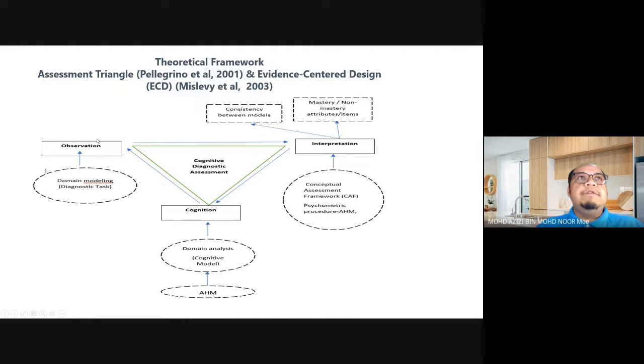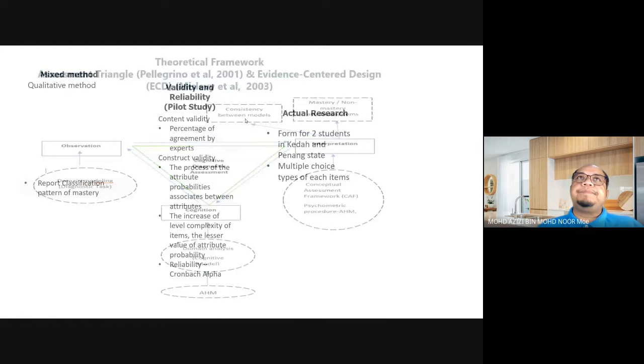The observation vertex, the domain model, maps onto the observation, which is executing the diagnostic task. Then interpretation is the conceptual assessment framework, where the psychometric and statistical analysis will be implemented for this vertex to determine the mastery and non-mastery of attributes and items, and also the consistency between the models.